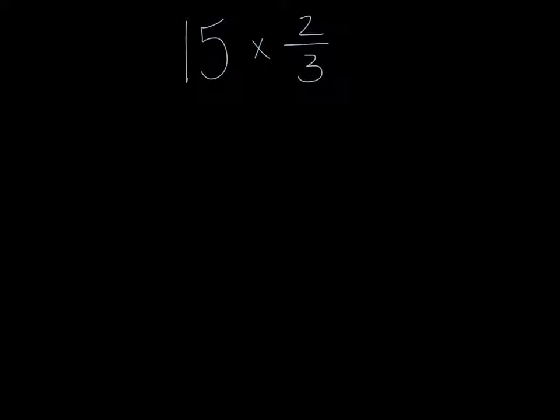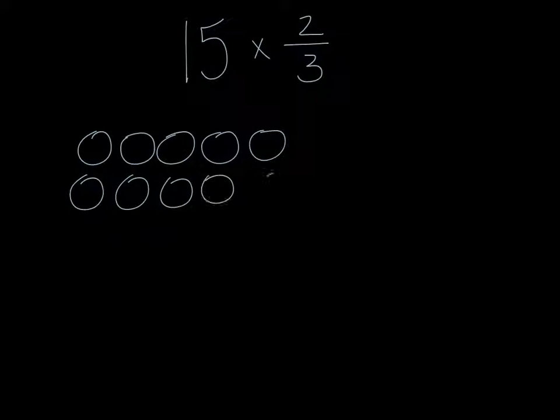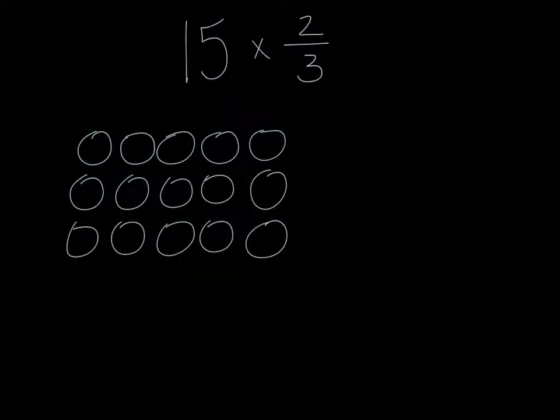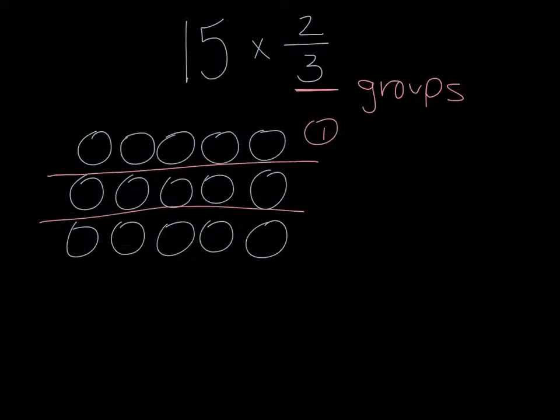In this example, we're going to find 15 times 2/3. I can start by drawing 15 objects. My 15 objects are there. My denominator wants me to make 3 groups. So this will be group 1, group 2, and this right here will be group 3.